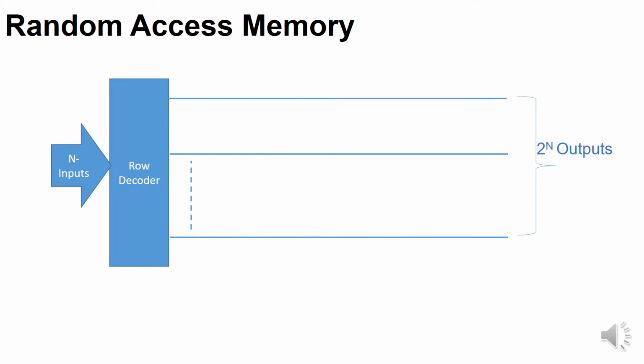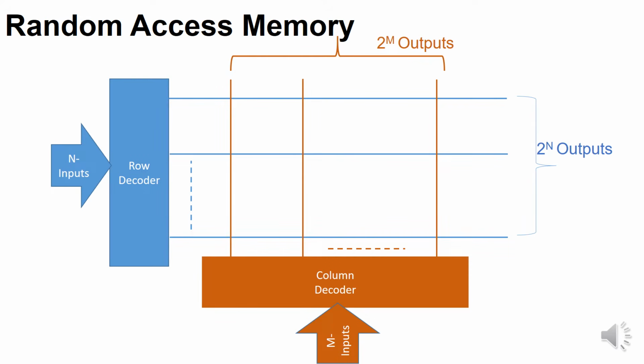Before starting the discussion on 1T DRAM, let us discuss a general architecture of RAM. We require a row decoder. It has n inputs and hence it will have 2 to the power n outputs. It is an active high decoder. Similarly, we require a column decoder. It has m inputs and hence 2 to the power m outputs.